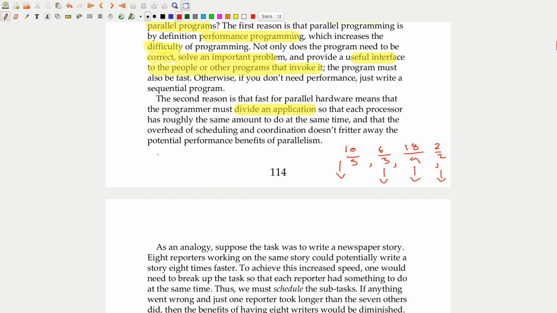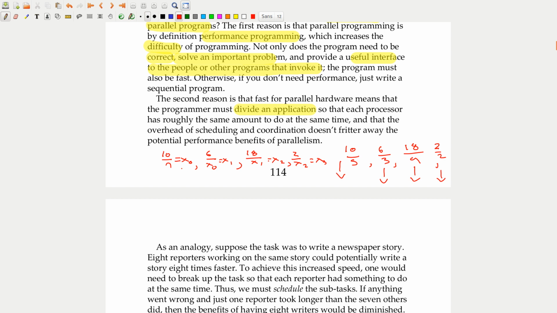What if we did 10 divided by n, and we called this x0, and then in the next one we had 6 divided by x0 is equal to x1. Then we had 18 divided by x1 is equal to x2. And then we had 2 divided by x2 is equal to x3.